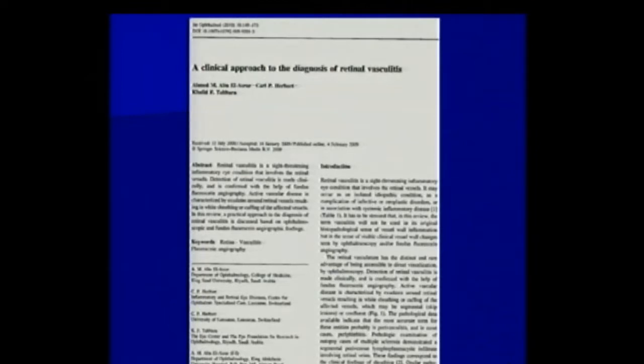So with the help of my colleagues, Dr. Karl Herbort and Professor Tabbara, we thought of writing a review article on how to approach the diagnosis of retinal vasculitis based on the clinical presentation and clinical findings in the patient.